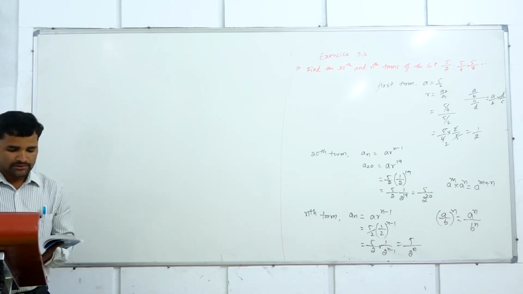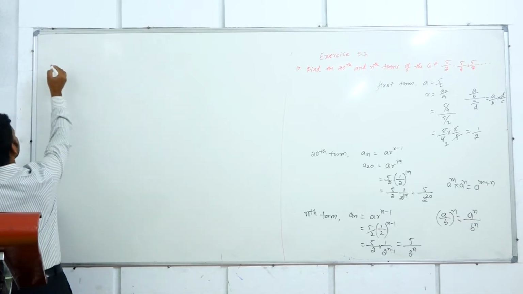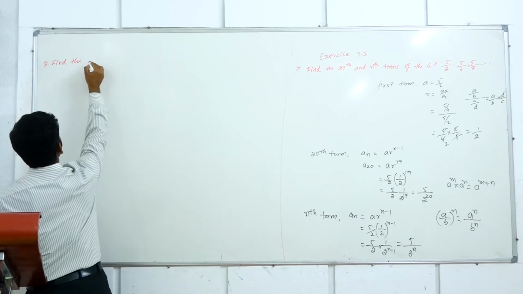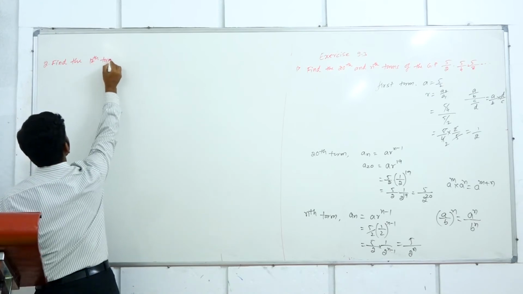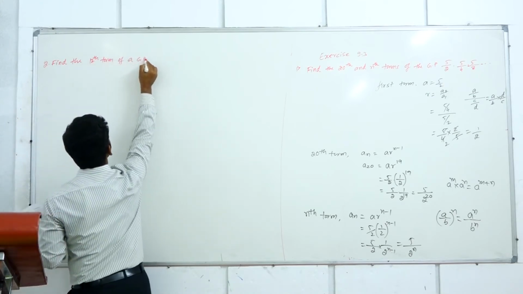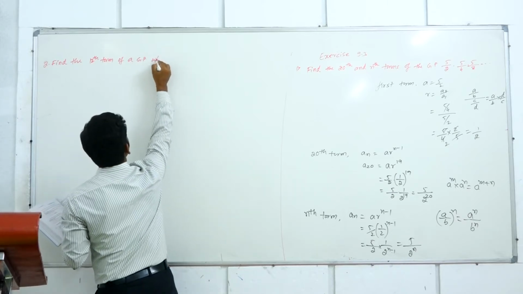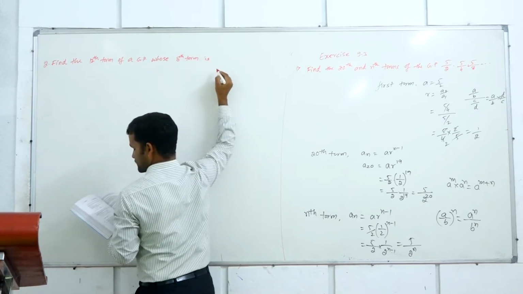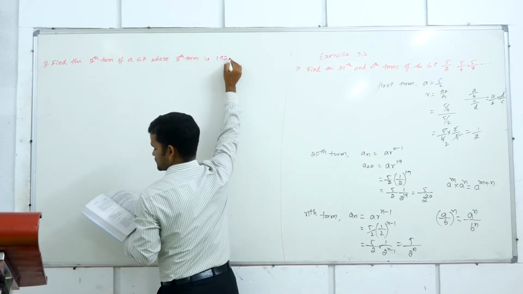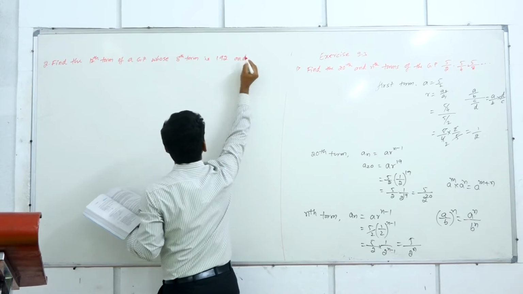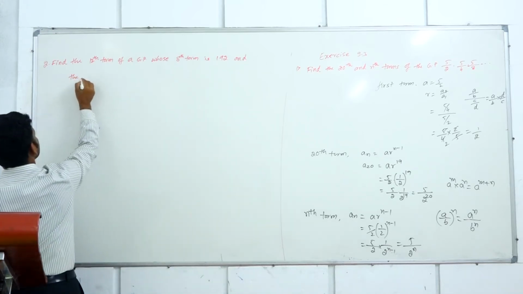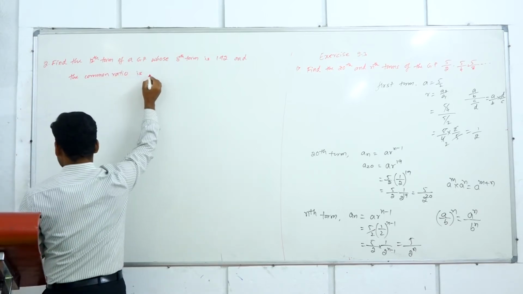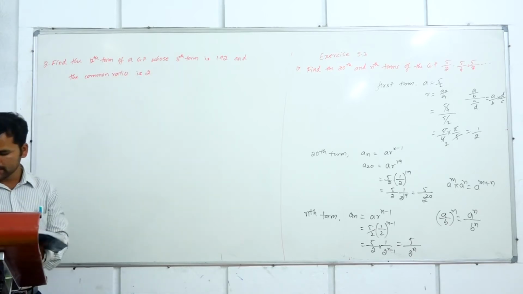Problem number 2 says: find the 12th term of a GP whose 8th term is 192 and common ratio is 2. Read the question once again.